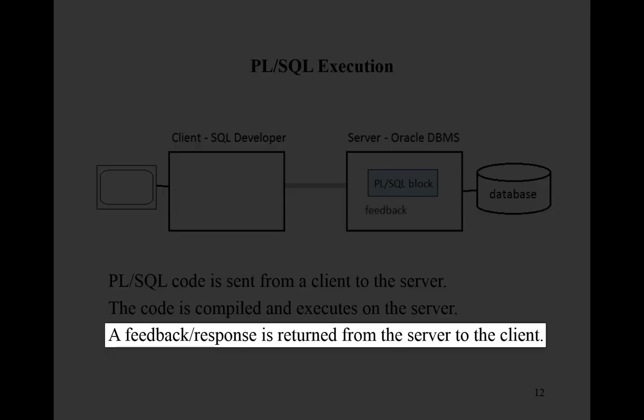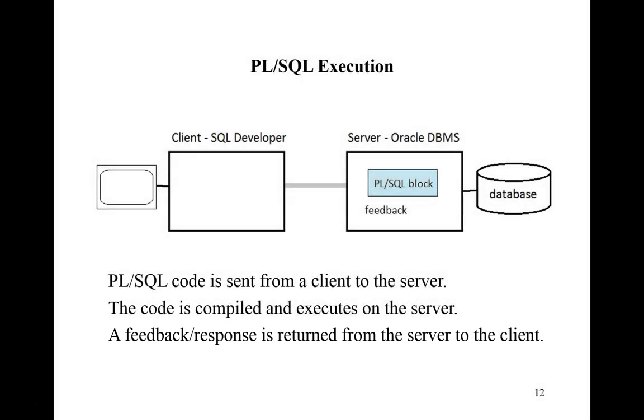And when it executes, some kind of return code is generated on the server. But that return code has to be sent back to the client. And as it's sent back, the client application receives it, provides some kind of interpretation of what this code means, and displays it on the terminal for the user.